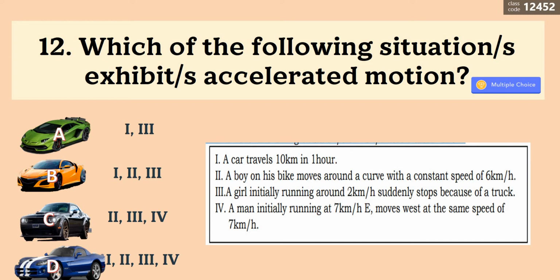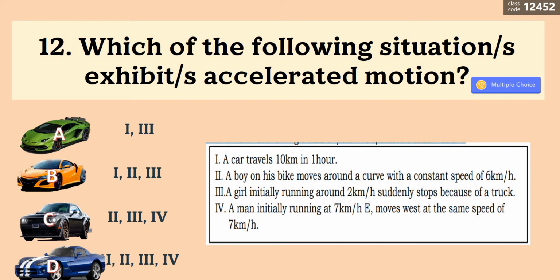A man initially running at 7 km per hour due east moves west at the same speed of 7 km per hour. A. 1 and 3. B. 1, 2, and 3. C. 2, 3, and 4. And D. 1, 2, 3, and 4.